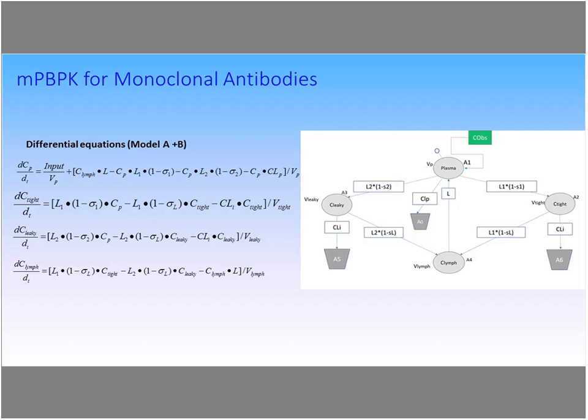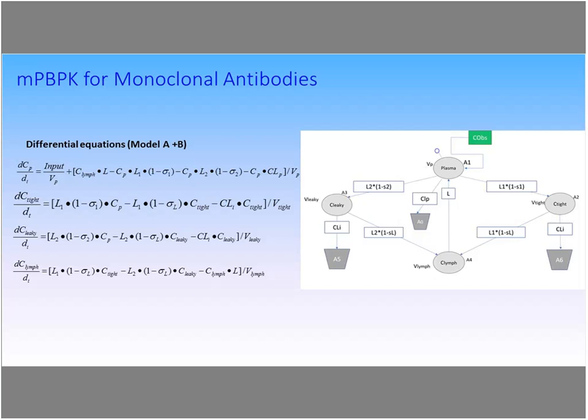And then we look at the concentration coming in from the lymph right here, but for what is coming out, we need to subtract the concentration going out to the leaky tissue and plasma. So you can see what goes out to the leaky tissue equals the concentration in plasma times the lymph flow rate to the tight tissue, times 1 minus sigma 1.